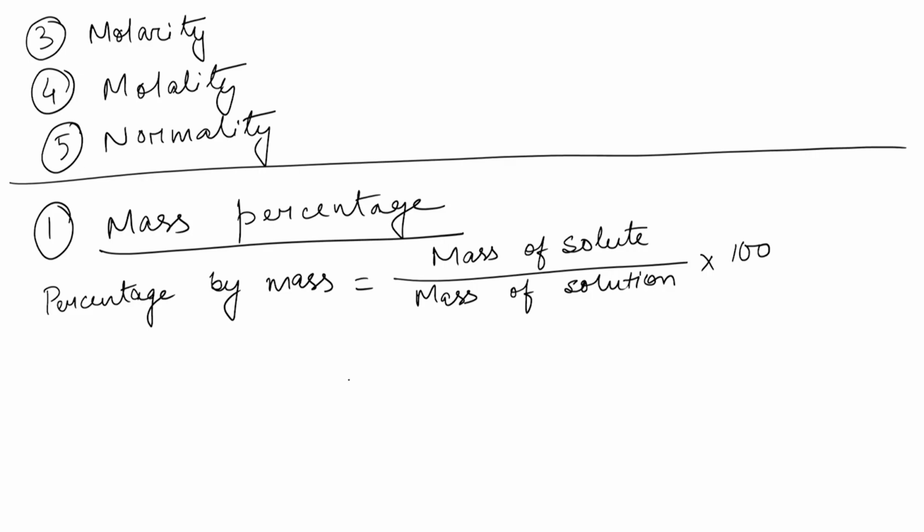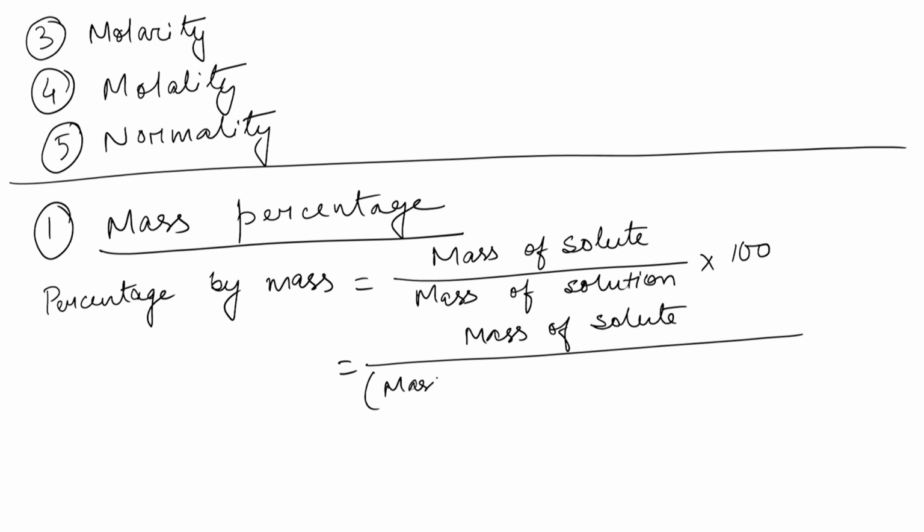This can also be written as mass of solute divided by mass of solute plus mass of solvent, into 100. Now we will understand this by an example.